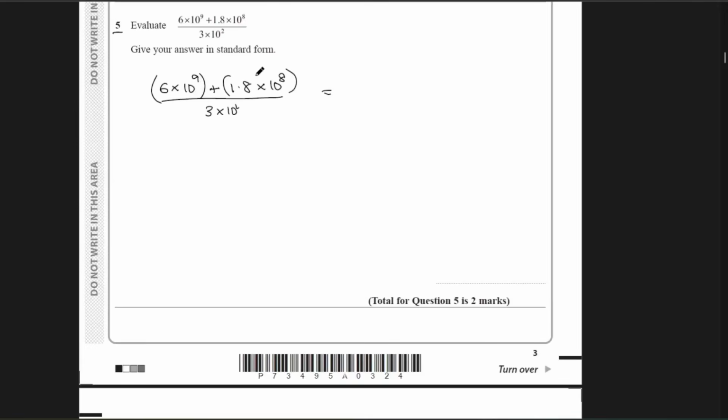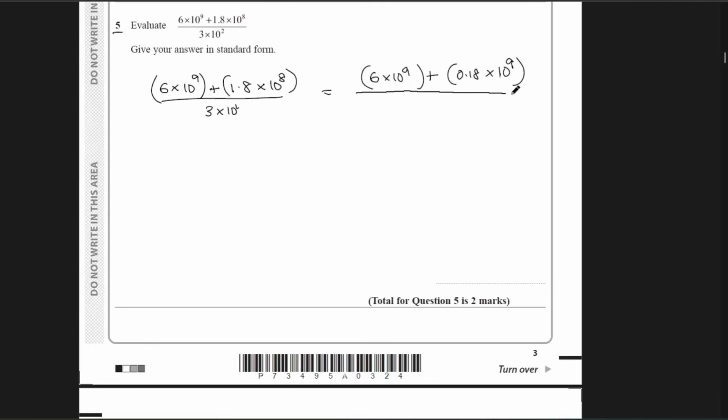So 10 to the power 9 and 10 to the power 8, one of them can be made the same as the other. So we can say 6 times 10 to the power 9 plus 0.18 times 10 to the power 9.